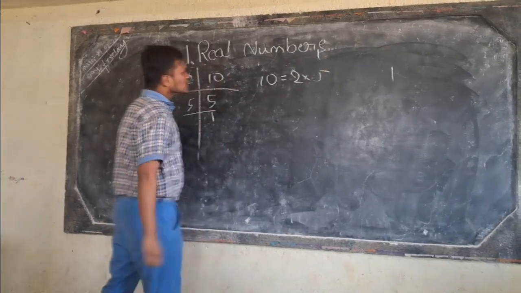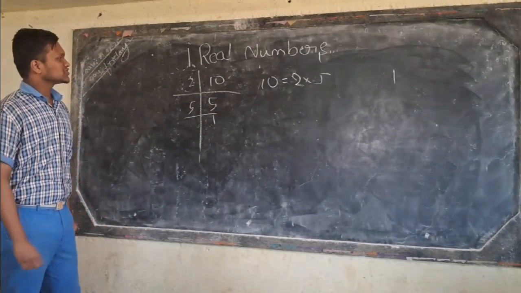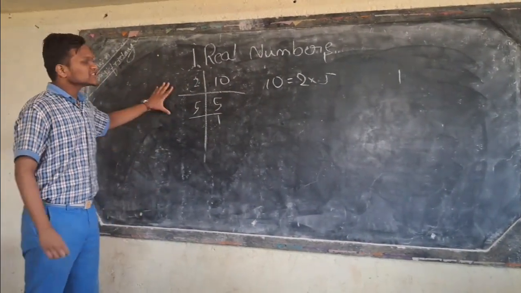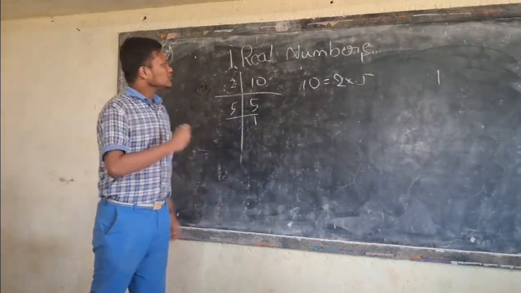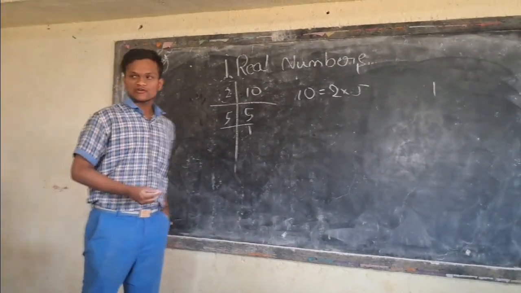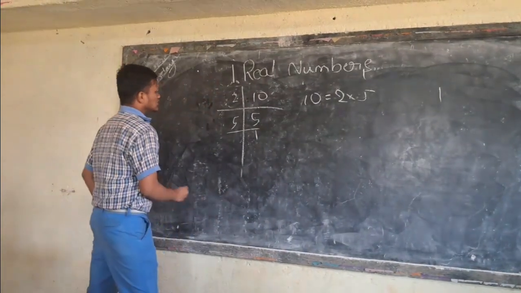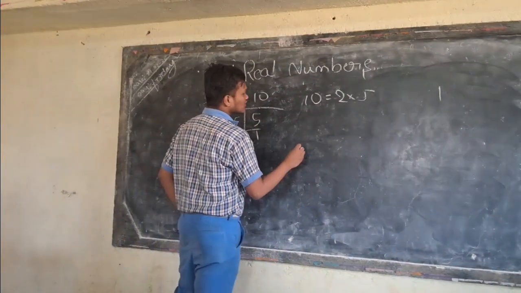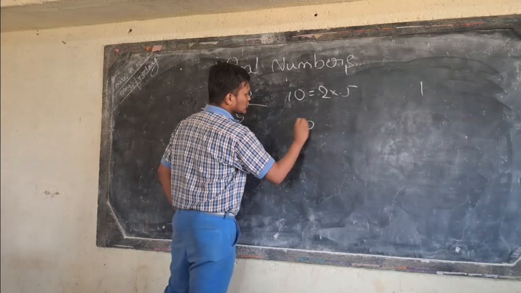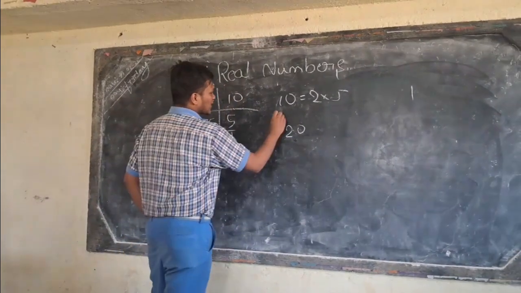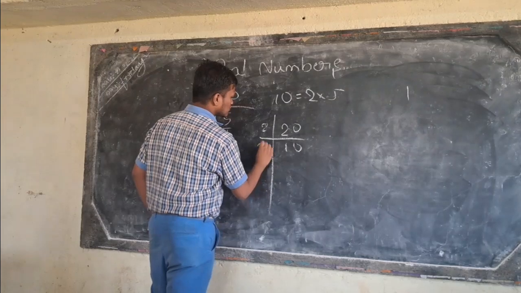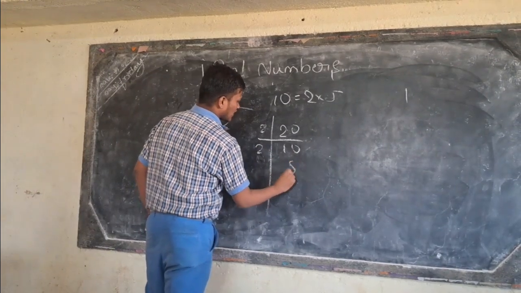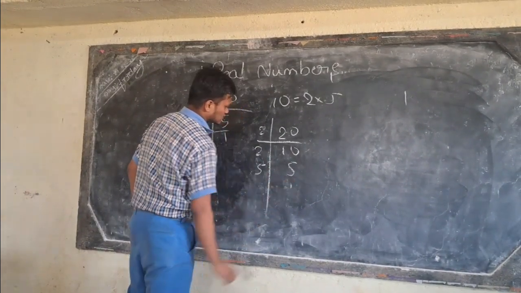So in your examinations they do not ask much easier than this. They can ask more than 2-digit numbers for 2 marks. And take another example for it. Take 20, and the factors of 20 are 2 into 10, 2 into 5, 5 into 1.